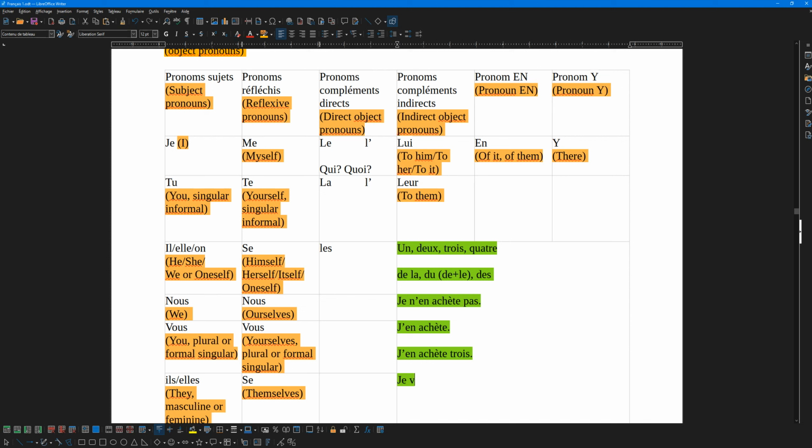Let's say, je vais en acheter, like that. Why en in front of acheter? Because acheter, buying, is the verb of action. Now you put the negative form, the ne and pas, around the verb that is conjugated. Je ne vais pas en acheter, like that.